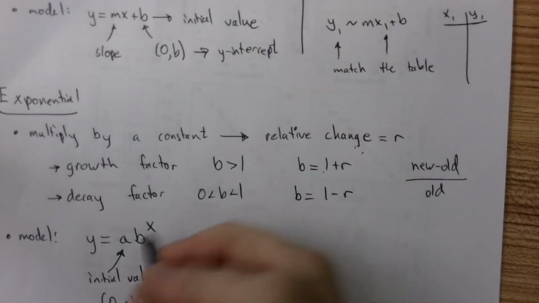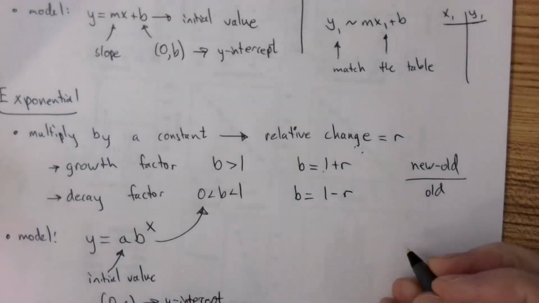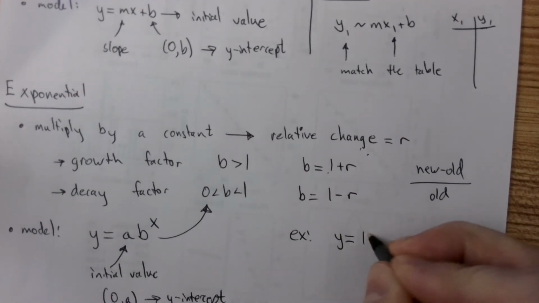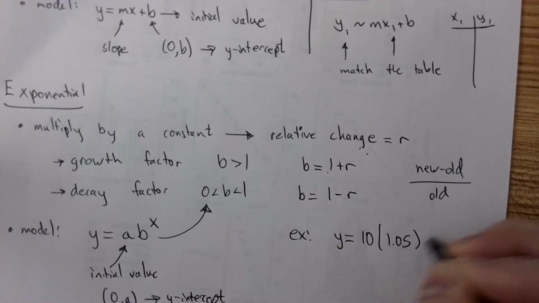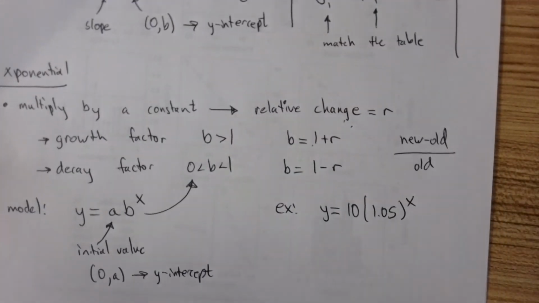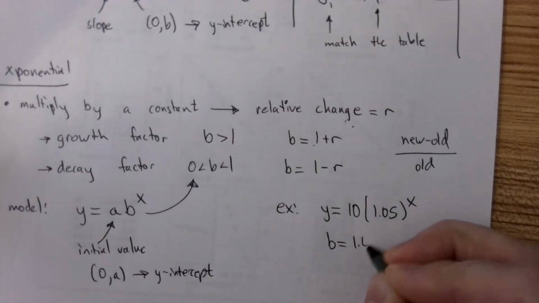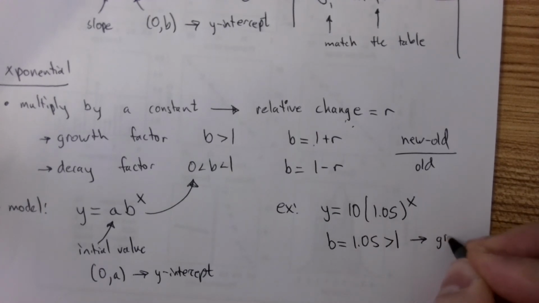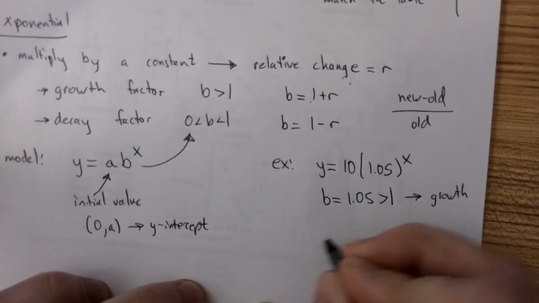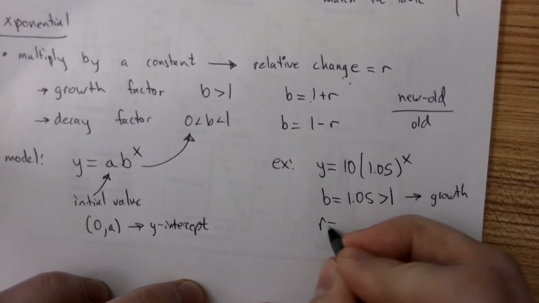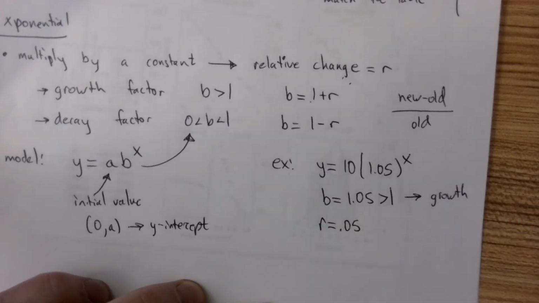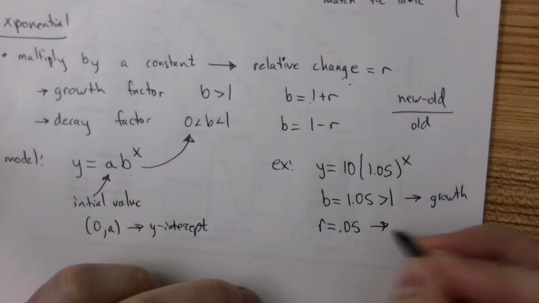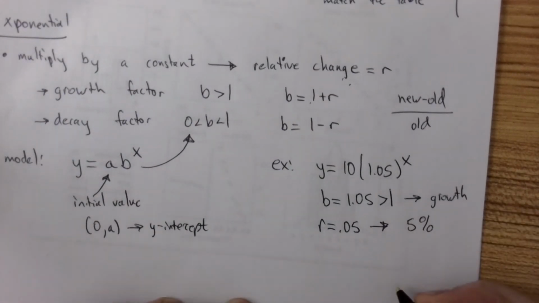So all this b stuff we've talked about up here, let me just quickly do an example of a growth and decay. So let's say we have 10 times 1.05 to the x, as we noted in 2.5. The b value here is 1.05. Since it's greater than 1, this is a growth function. The growth rate, r, or the relative change between two values, is 0.05 or a 5% growth rate.